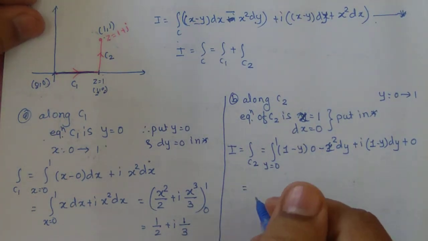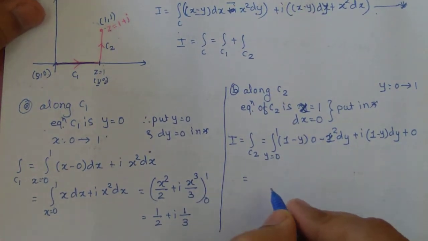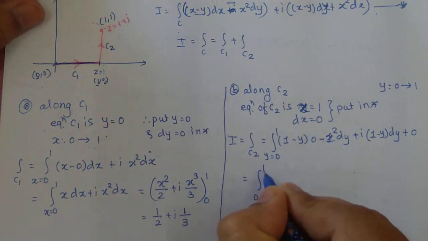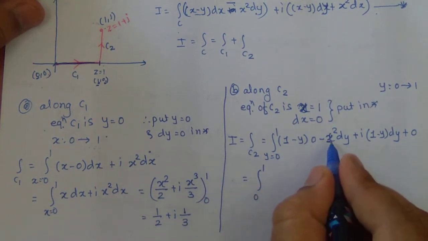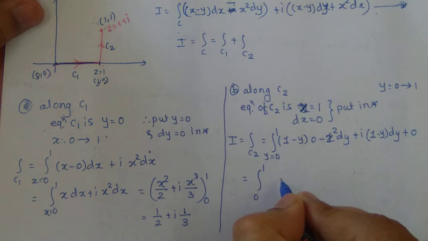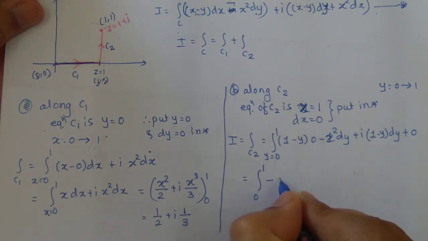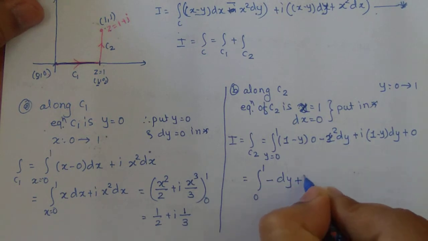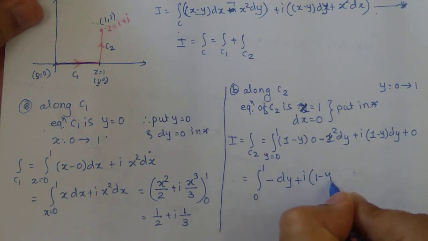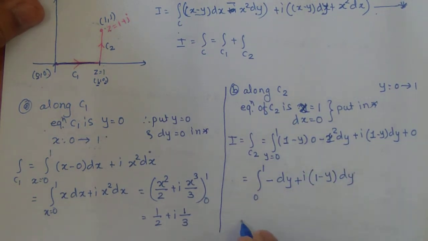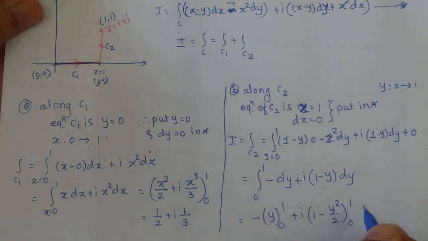So therefore this is equal to the integration from 0 to 1. This is going to be a 0, minus x square is replaced by 1 square, that is 1, so minus dy, plus i times (1 minus y) dy. So what is the integration of minus dy? It is minus y, limit from 0 to 1, plus i into the bracket (y minus y square upon 2), limits from 0 to 1.